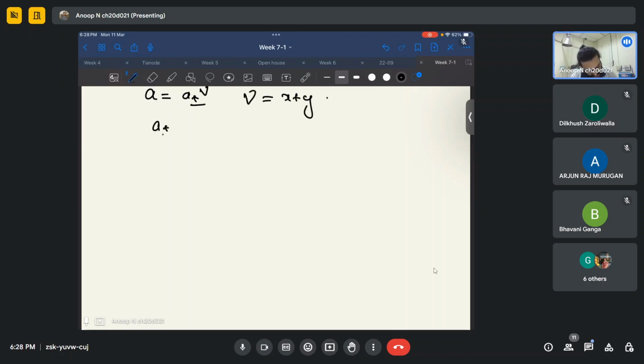Similarly, a plus minus raised to nu you can write equal to a plus raised to x, a minus raised to y, where a plus minus you can write as the nu-th root of a plus raised to x, a minus raised to y.